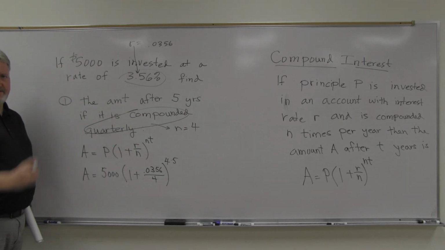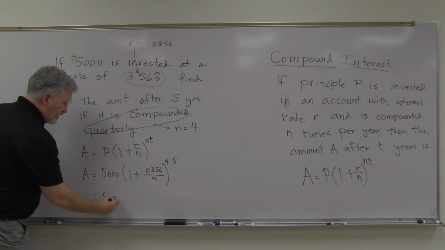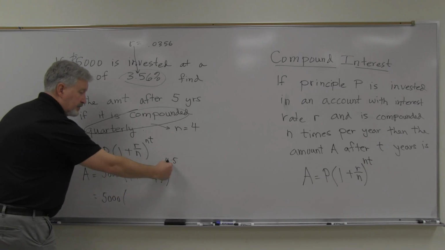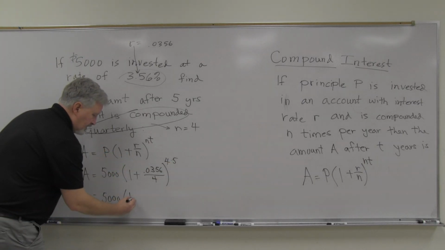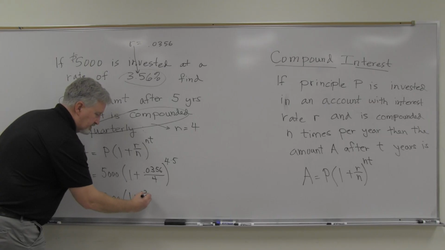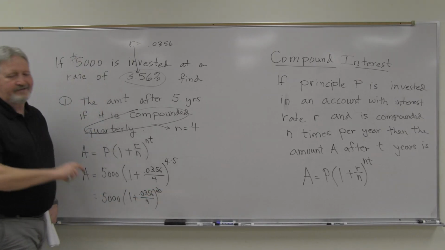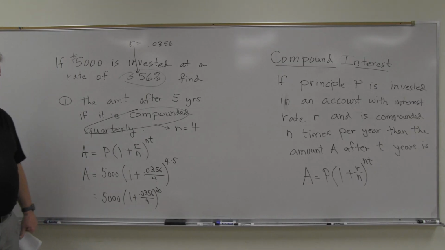So here's my guidance on that. I'm not going to actually evaluate this in parentheses. All I'm going to do here is say 4 times 5, that gives me 20. And that's how I'm going to enter this in. Do what you want, I guess, but I'm telling you, if you round it too much, you're going to lose accuracy, and it's probably not going to like it.